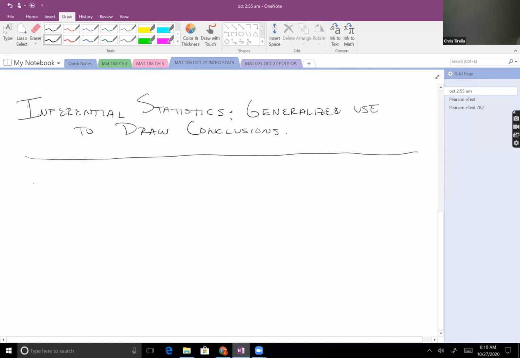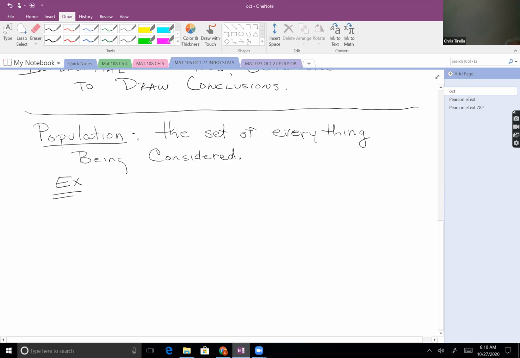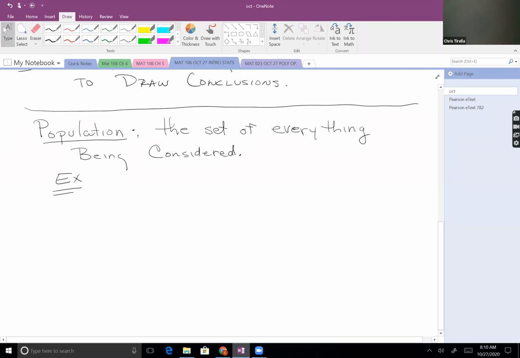When we talk about statistics, we differentiate between a population and a sample. A population is the set of everything that's being considered. An example might be if I wanted to do a study involving college students.